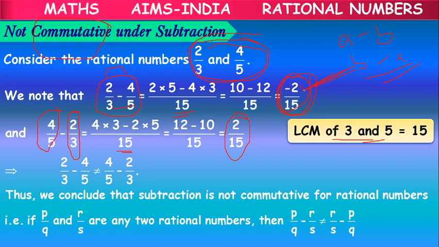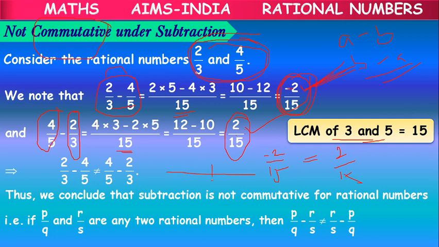In the earlier case, we got minus 2 by 15. In the present case, we got 2 by 15. It means they are not equal, because minus 2 by 15 is to the left of 0 on the number line, and 2 by 15 is to the right of 0.